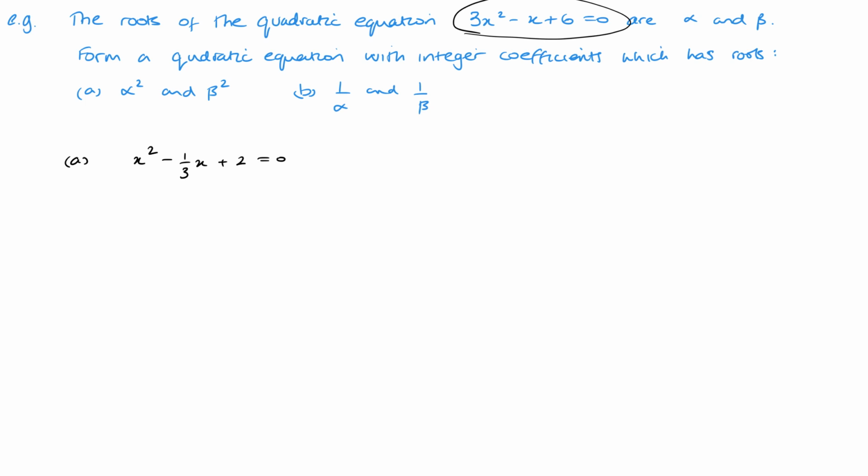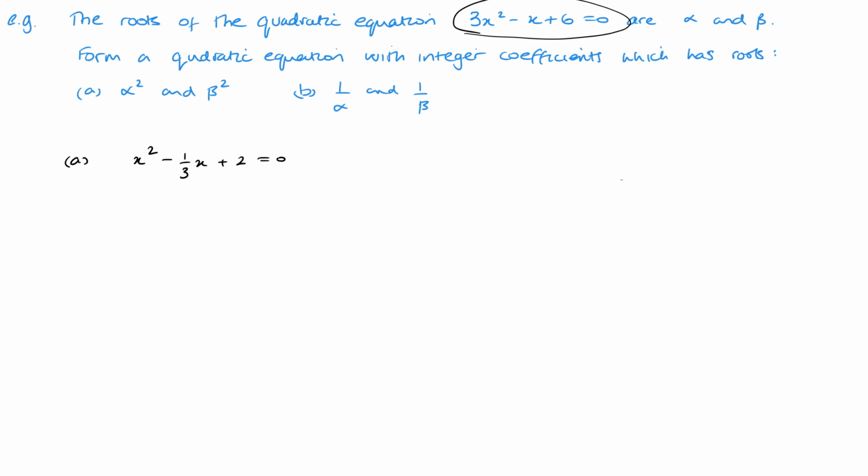Now, B over A is equal to the sum of the roots, with a different sign because we have that minus. If you remember from previously, alpha plus beta is equal to minus B over A. That's what we're looking at here.